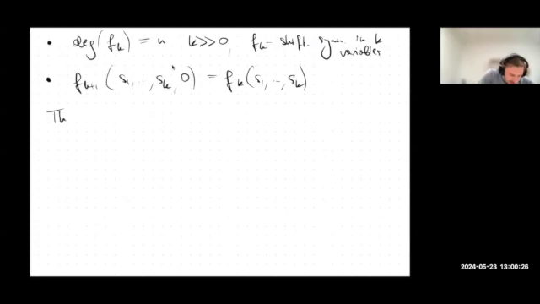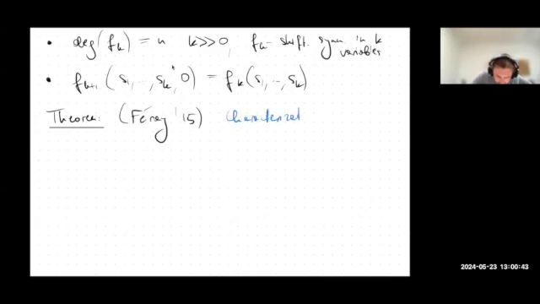So the last theorem, I will finish this lecture by stating a theorem. The theorem was proven by Valentin Féray, which is a characterization of Jack characters.